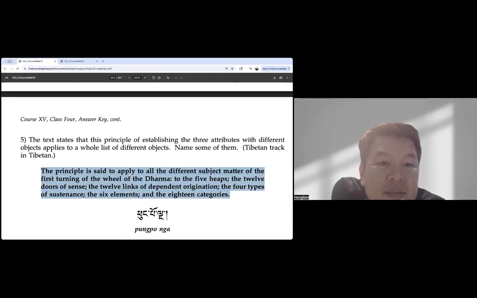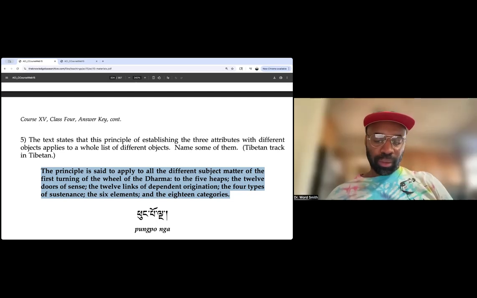The principle is said to apply to all the different subject matter of the first turning of the wheel of the Dharma: the five heaps, the 12 doors of sense, the 12 links of dependent origination, the four types of sustenance, the six elements, and the 18 categories. Good.